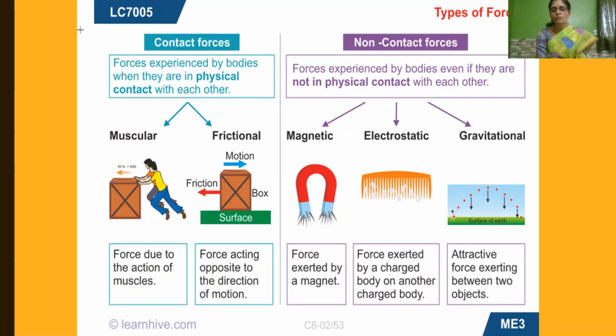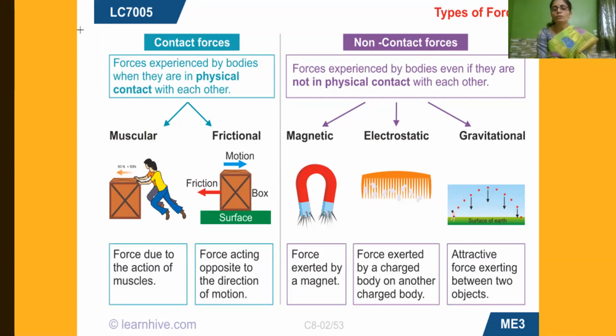Magnetic force: if you keep a magnet above magnetic substances like iron filings, without touching, you can see all the iron filings stick to the magnet. It makes the iron filings move without touching them. So it is an example of a non-contact force. The force exerted by a magnet is called magnetic force. Magnetic force is a non-contact force.